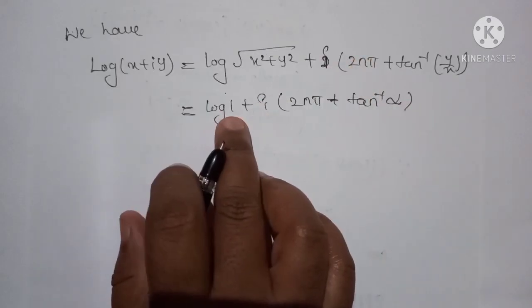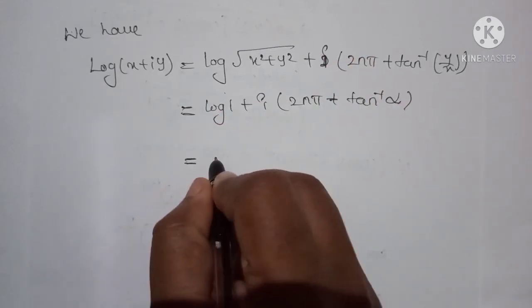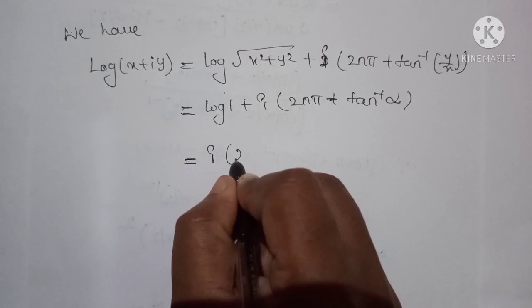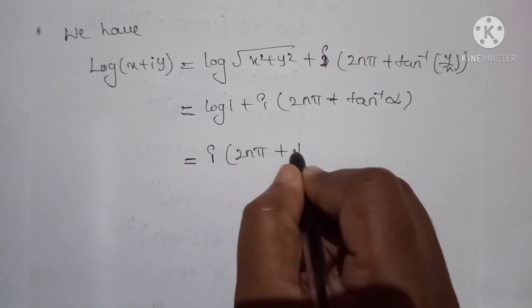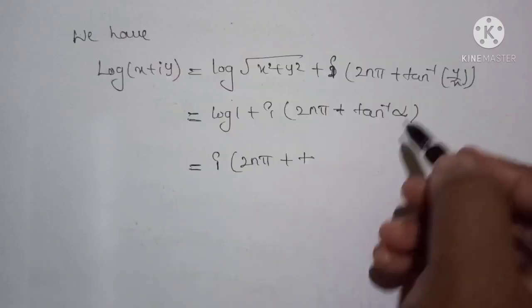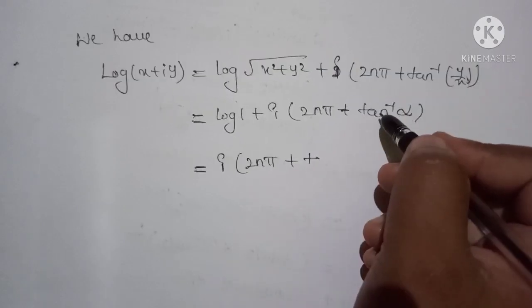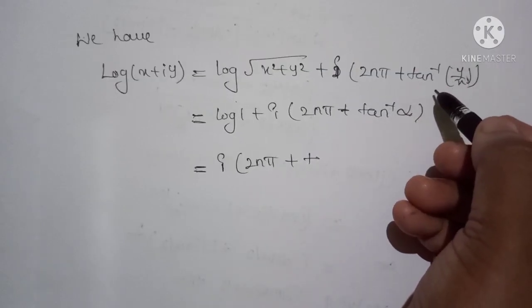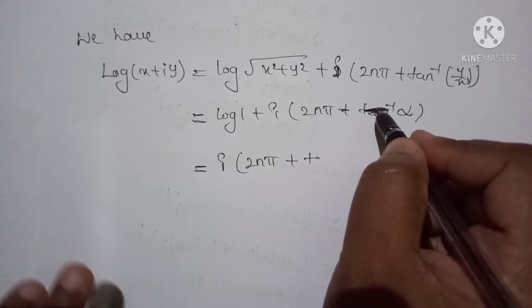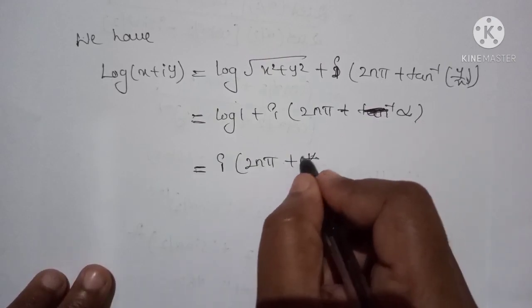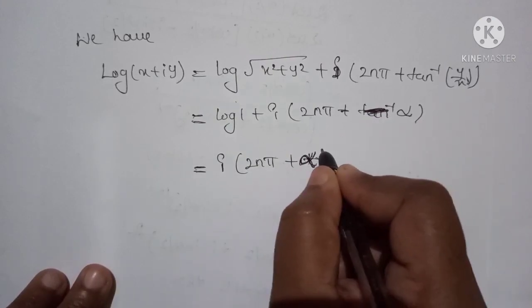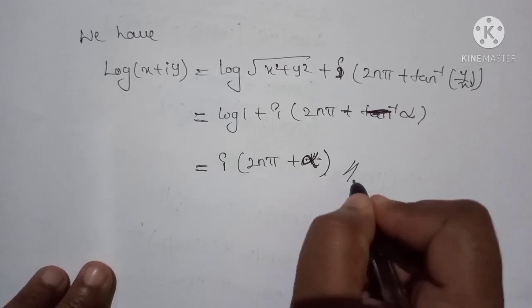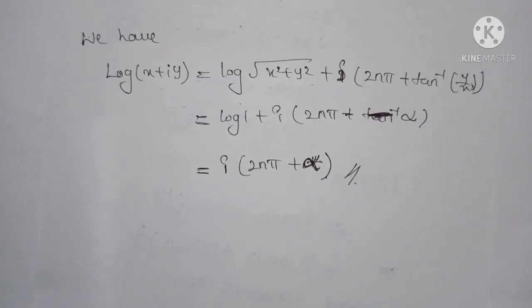But we know that log of 1 equals 0. Here tan inverse of y by x has the value alpha itself, so we simply get I into 2n pi plus alpha. So this is the required answer.